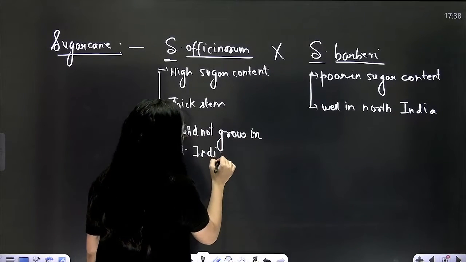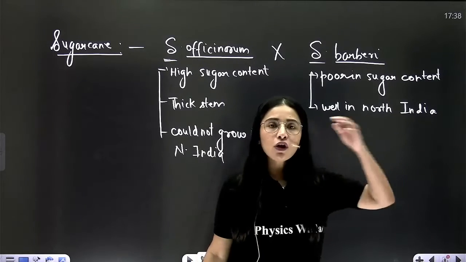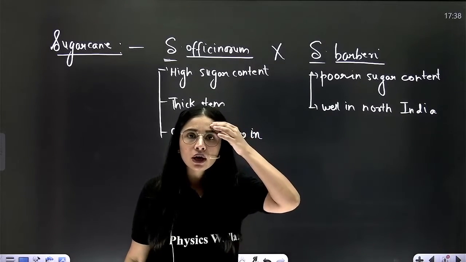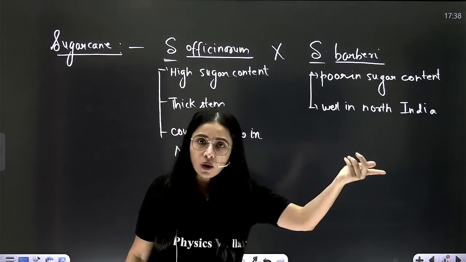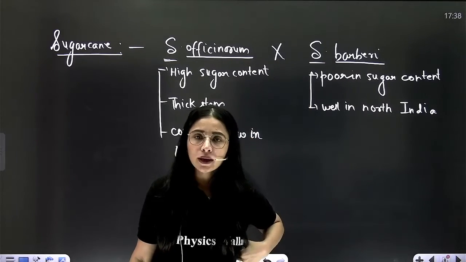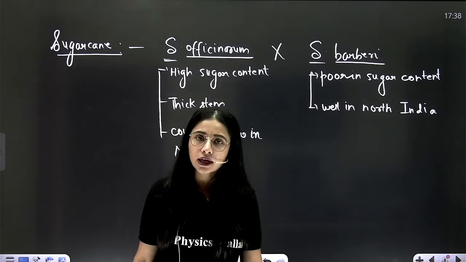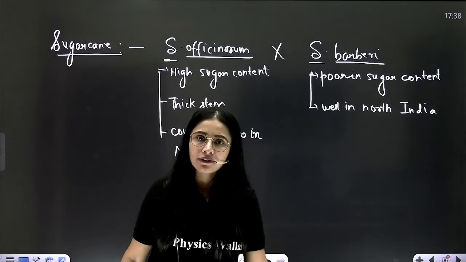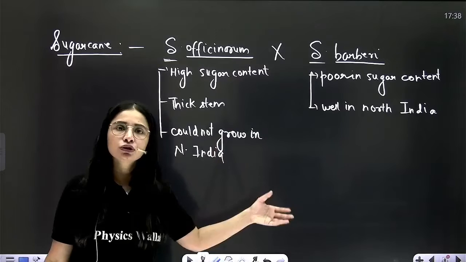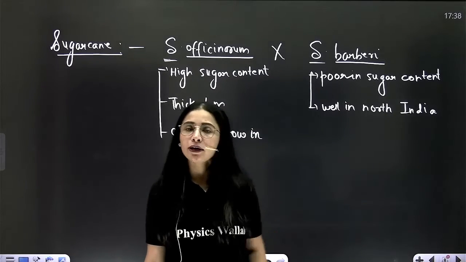It was just growing in South India. Now farmers of North India wanted to grow sugarcane of good quality, so they wanted officinarum to grow in their belt. But officinarum failed to grow in North India because the environmental conditions were different, and it could not survive in the conditions provided by North India.